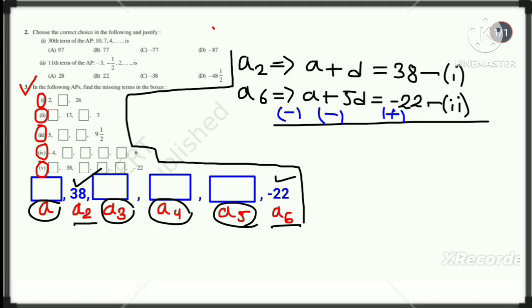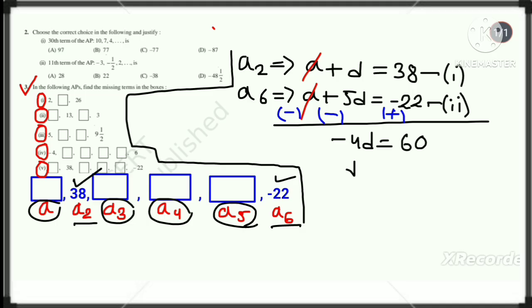Now this A and this A can be cancelled out, and here minus 5D and plus D, after subtracting we obtain minus 4D equal to, and here plus 38 and plus 22, after adding we obtain 60.